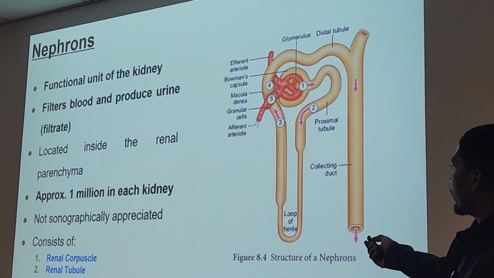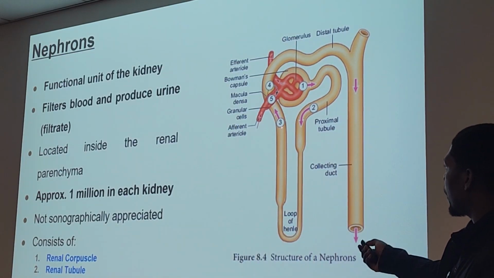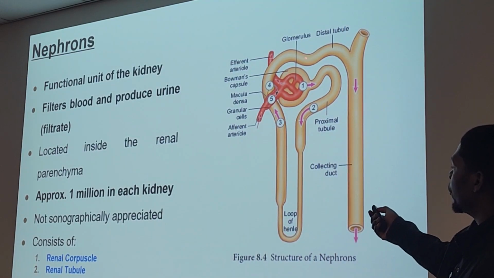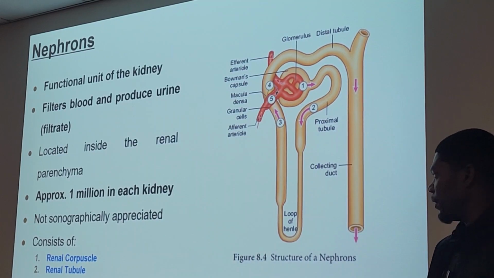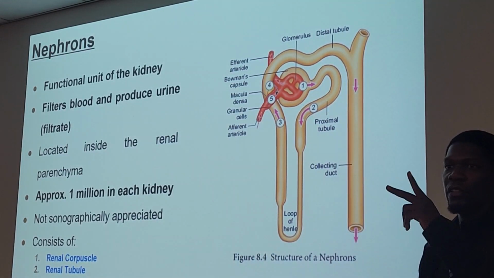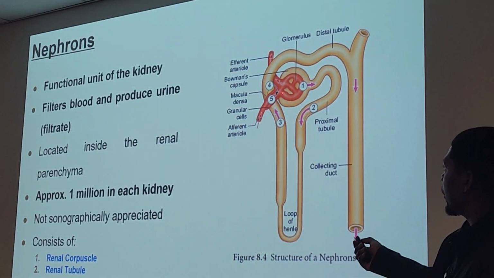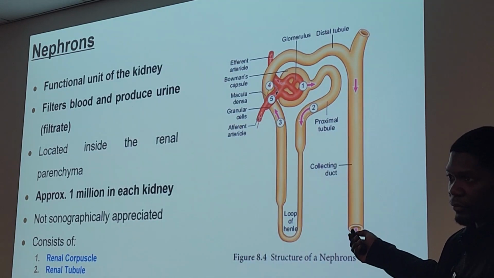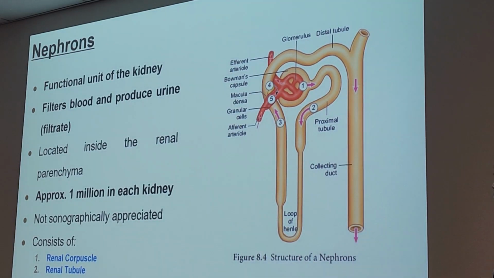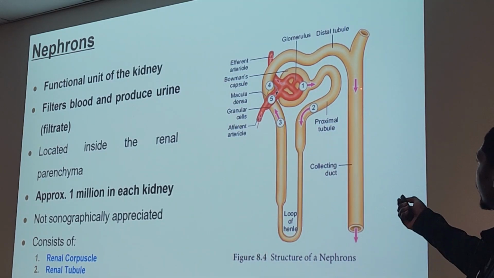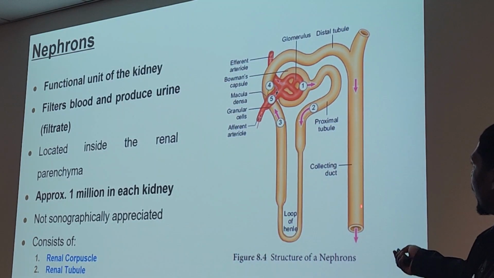Then you have what's called the loop of Henle. And then you have the distal convoluted tubule. So 3 parts of the renal tubule, 2 parts of the renal corpuscle that involves the glomerulus and Bowman's capsule. All of these nephrons are linked together by the tubules right here, the collecting tubule.